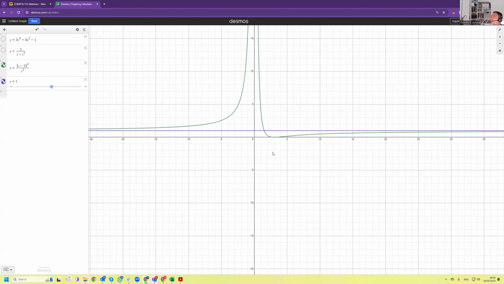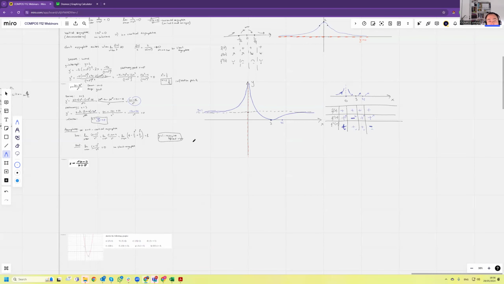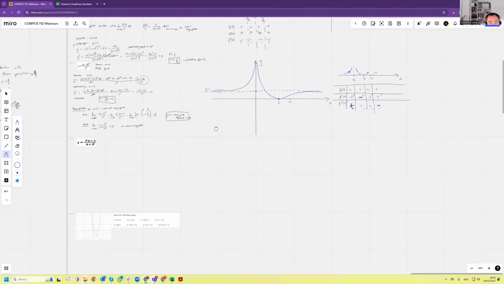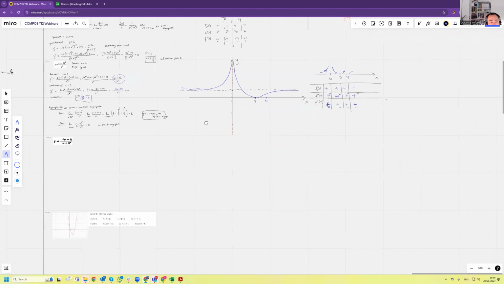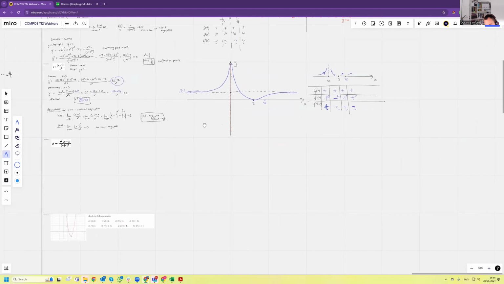Okay. It's a very useful skill to be able to predict the behavior of graphs. That's sort of what we're doing. We're predicting the behavior of functions based on what we know. This is called mathematical analysis.